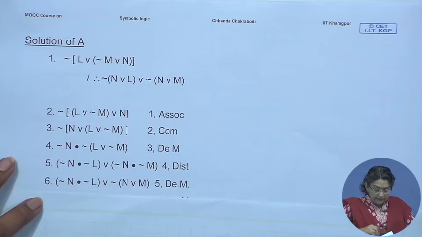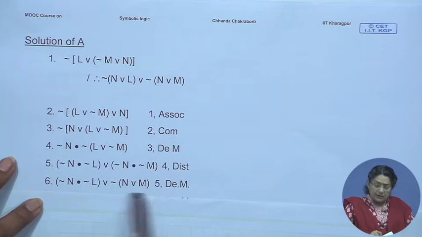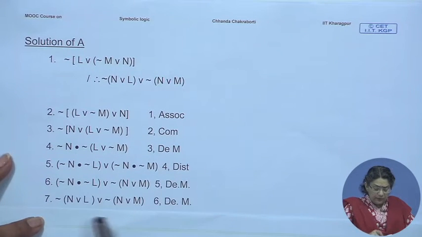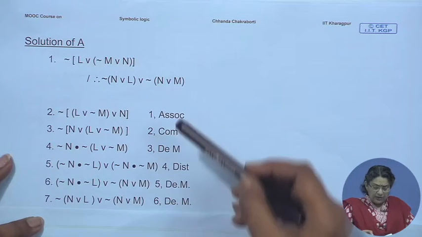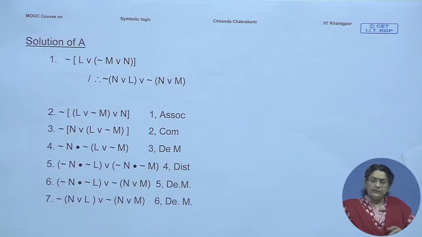Then De Morgan on that, only on this part, gives me this. This is untouched. One more De Morgan will give me this, and this is your target conclusion. Take a look. I leave it in front of you for you to absorb.